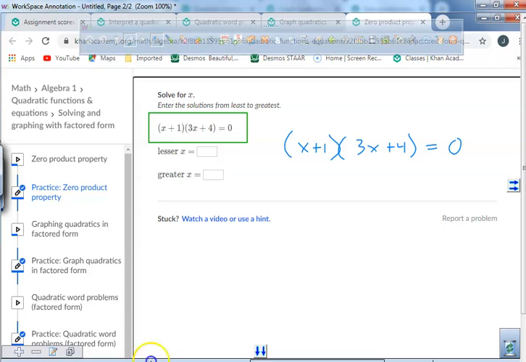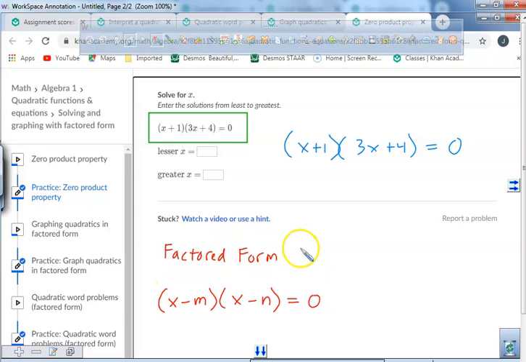Once again, I'm going to write what factored form is, so you have factored form in your journal. A lot of times factored form, here's what you'll see. You'll see x minus m and x minus n equals 0.